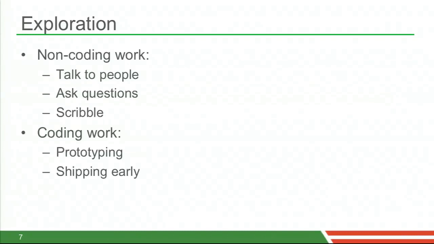And to get that feedback early, we did some non-coding work, so we talked to a lot of people about those ideas. We asked a lot of questions. We scribbled stuff on the whiteboard and with Photoshop or whatever to explore ideas in this space. And we also did some coding work, doing some prototyping, early, small, tiny little things, trying that out. And we are also always trying to ship things early. So it's better to ship something early, some small, tiny little thing, get feedback about that. And that's what we did and what we like to do, especially when we are exploring these new areas.